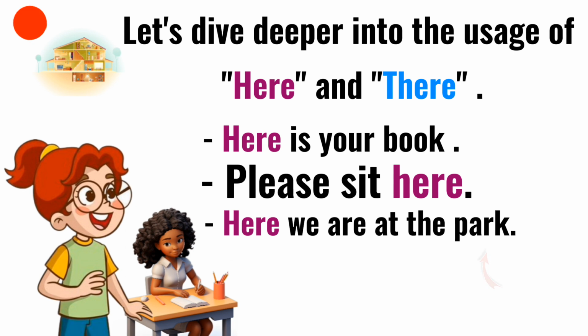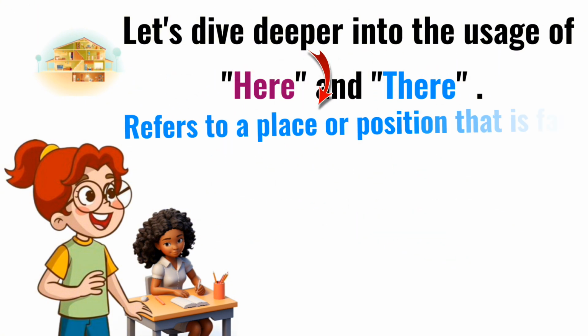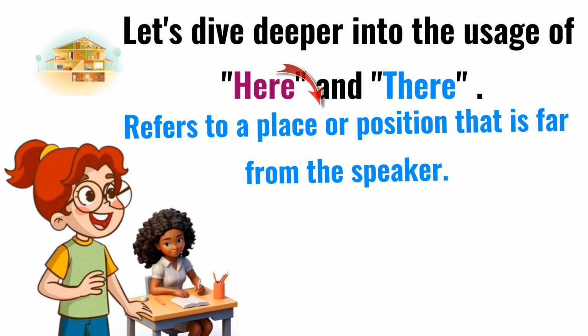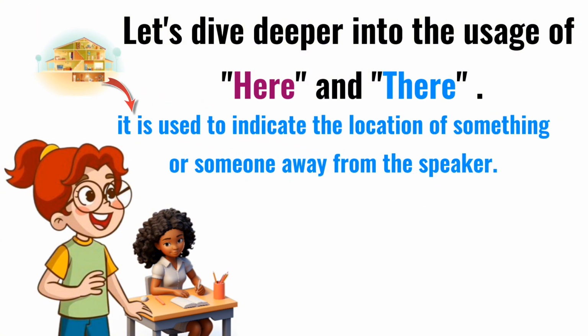I understand here now. Tell me more about there. There refers to a place or position that is far from the speaker. It is used to indicate the location of something or someone away from the speaker.